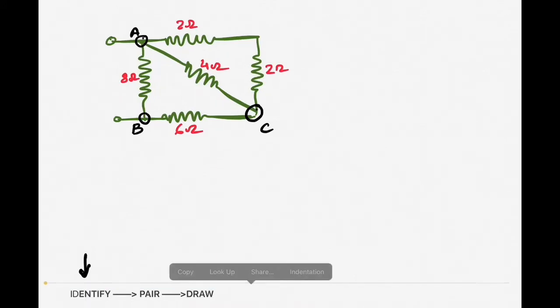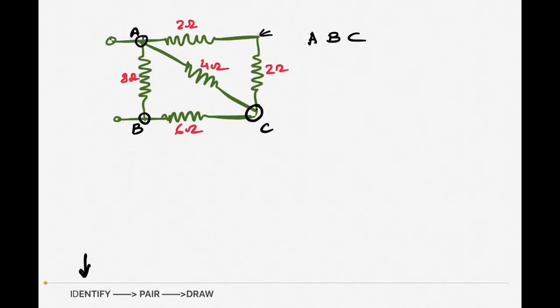Don't get confused with this point. This is not a junction because you don't see three or more branches here. So only three junctions are identified: A, B, and C. Now we are done with the first step.